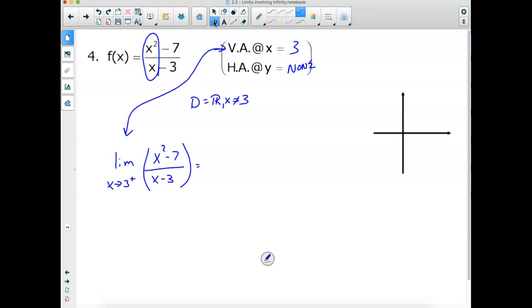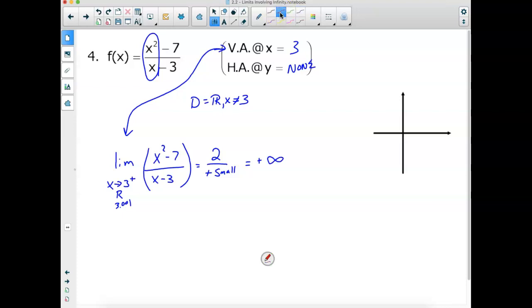When I put 3 in the top, I get 9 minus 7, which is 2 in the top. But approaching from the right, I'm really going 3.001, so this is over positive small, which gives me positive big.